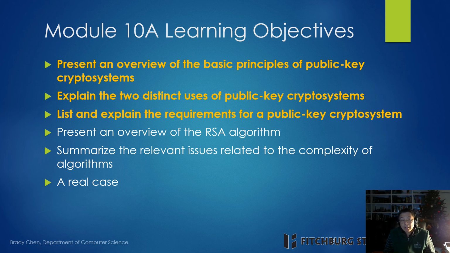Then, in part B of module 10, we're going to present an overview of the RSA algorithm, which is a very important public key algorithm. In part C, we're going to summarize the relevant issues related to the complexity of the RSA algorithm, and then provide a real example of the RSA algorithm.